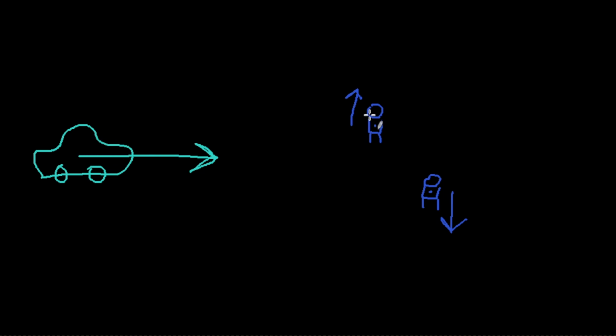So since this pedestrian is above this line here, which is basically just the velocity vector of the car, except it's extended infinitely. Since it's above that line, we want this guy to move up, and this guy will move down. How do we actually know that this guy is going to move up and this guy is going to move down?